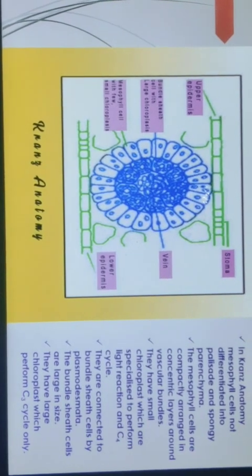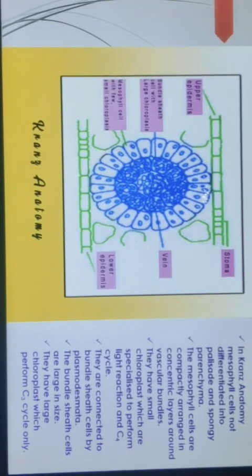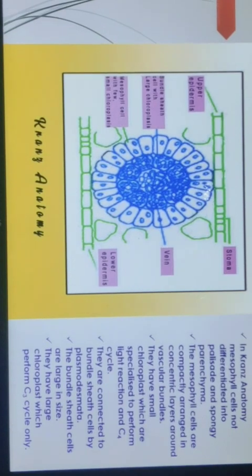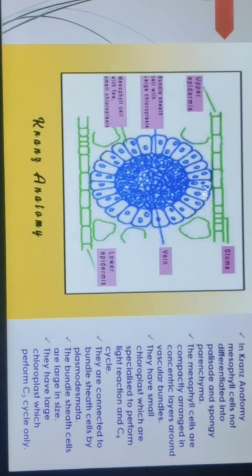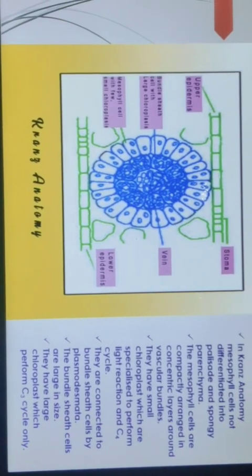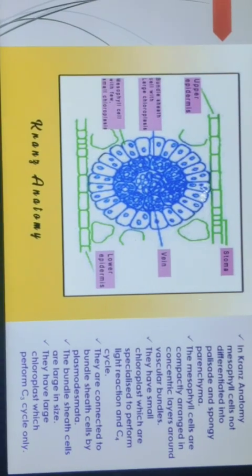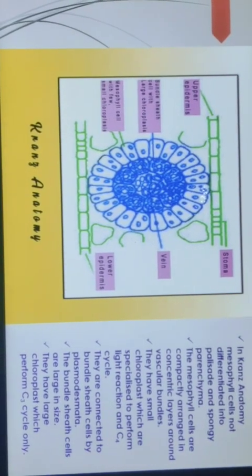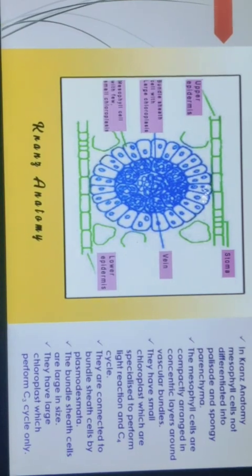Concentric layers are formed around the vascular bundles. The mesophyll cells are compactly arranged in concentric layers around the vascular bundles.